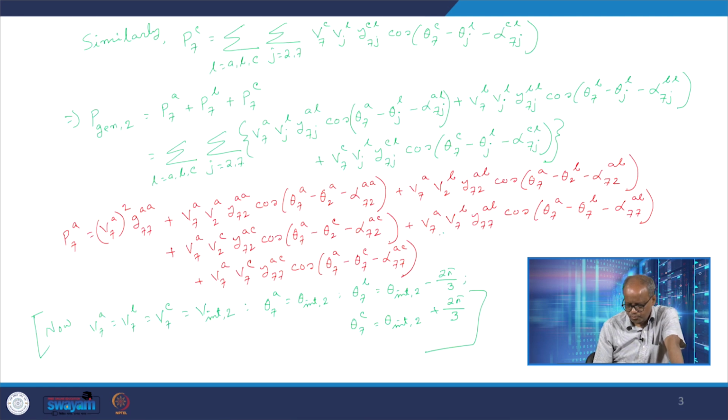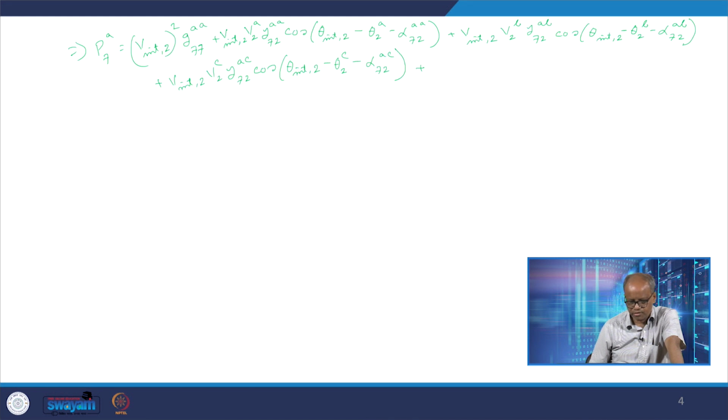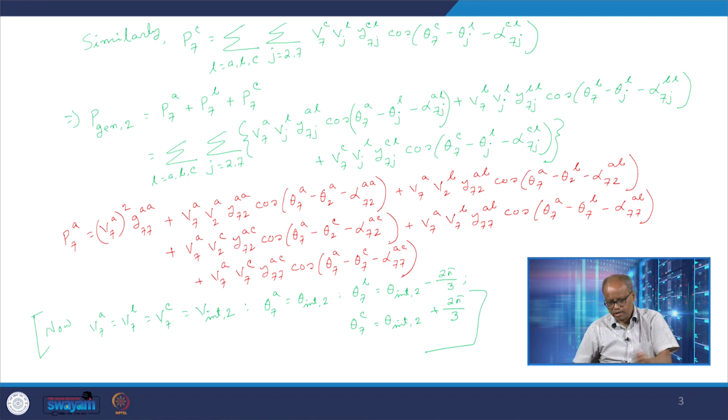Plus, this would be V7A into V7B, so it is V internal 2 whole square Y77AB, then cosine theta 7A minus theta 7B.